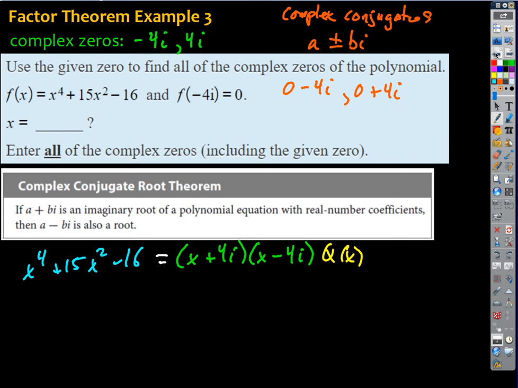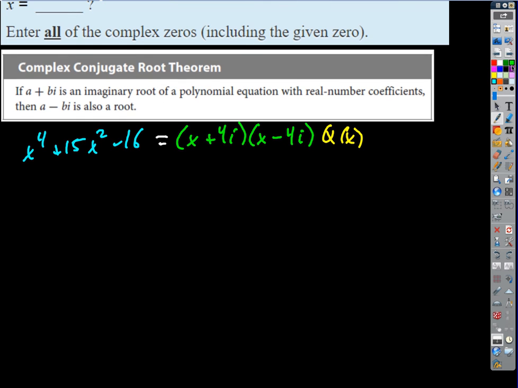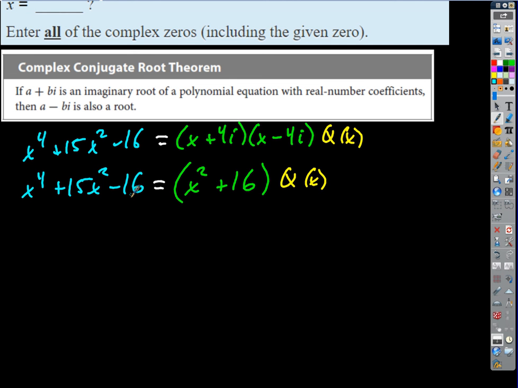So if we go back then to this product, what's that going to give us? x squared plus 16. There we go, so we just made it easy. Now that's no big deal: x squared plus 16 times q of x equals x to the fourth plus 15x squared minus 16.